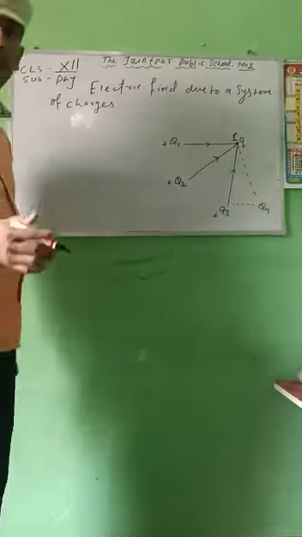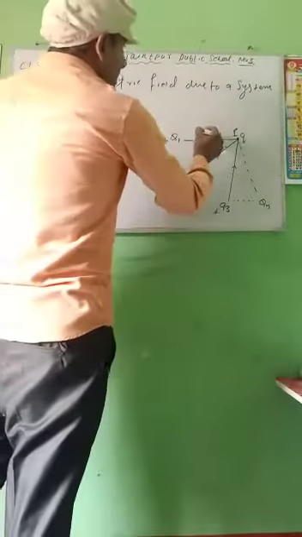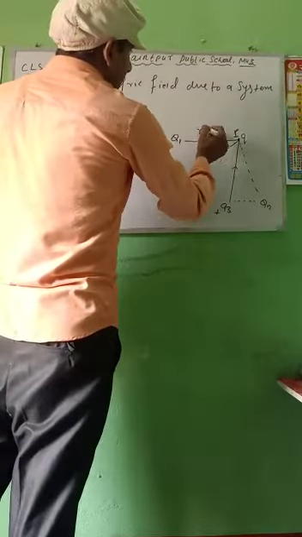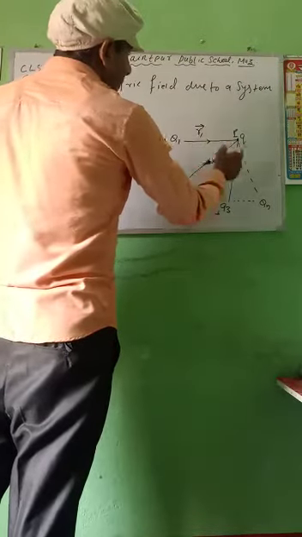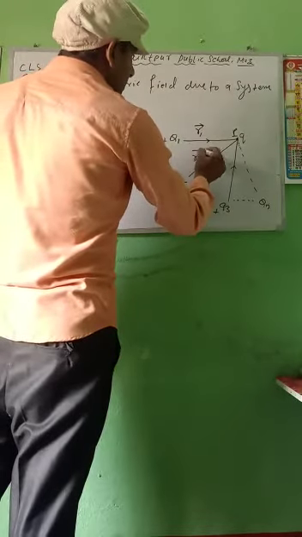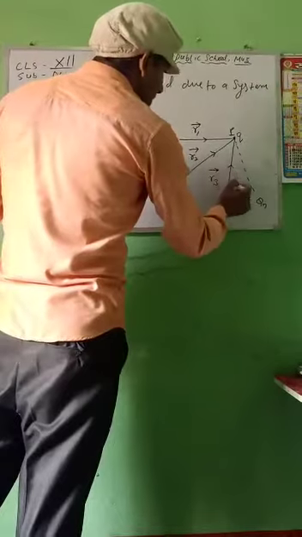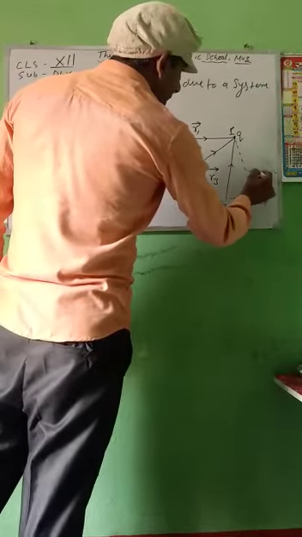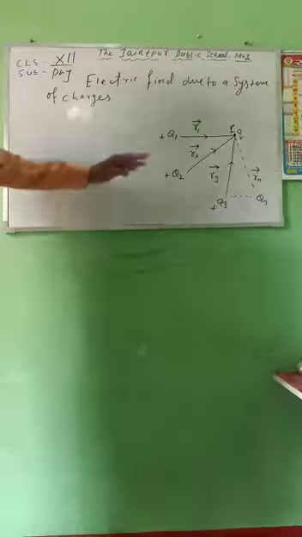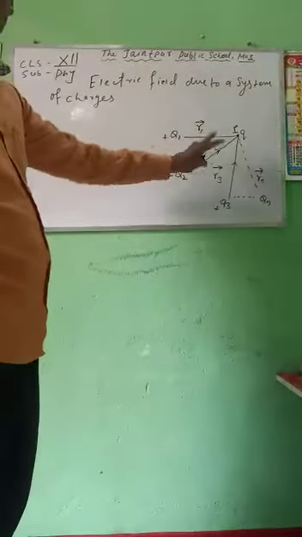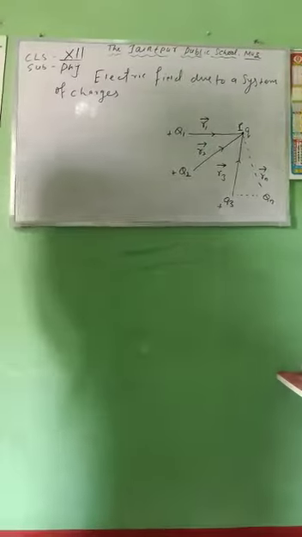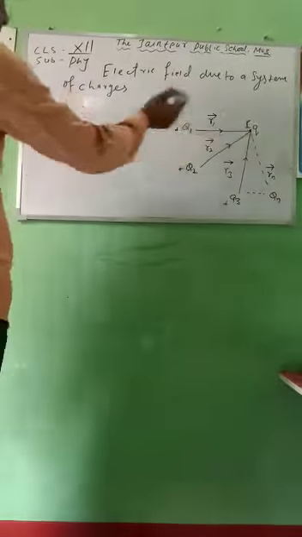The position vector of Q from Q1 is r1, from Q2 r2, from Q3 r3, and from Qn rn. So the total field experienced at P is the vector sum of all the fields.